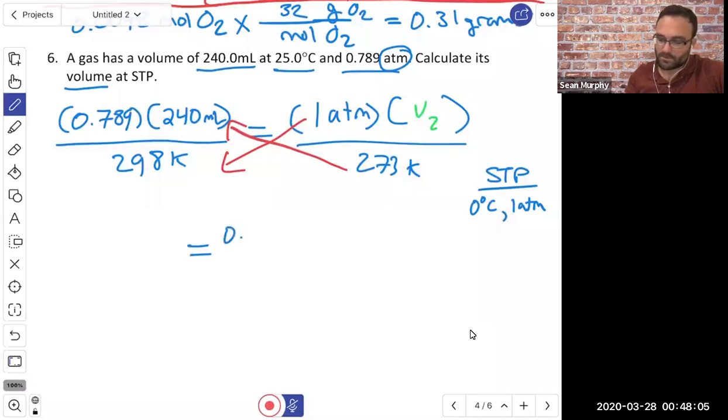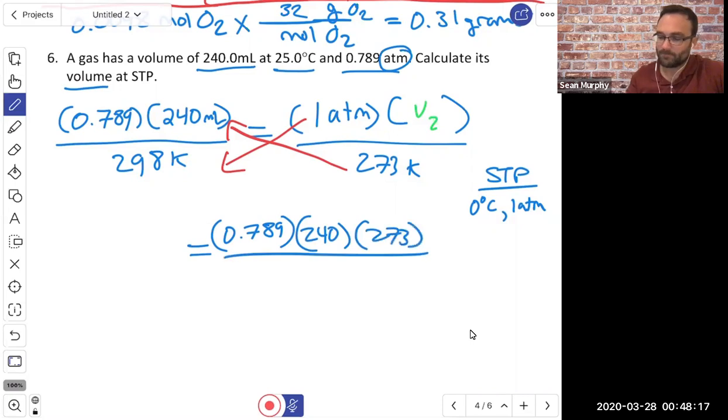We're going to have 0.789, then 240, and then 273 joins the party, 298. And then, not to confuse anybody, the 1 still counts.